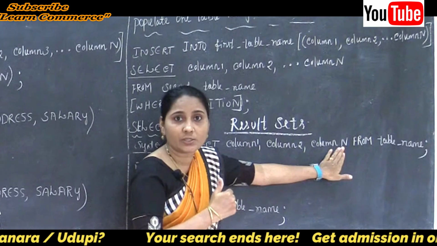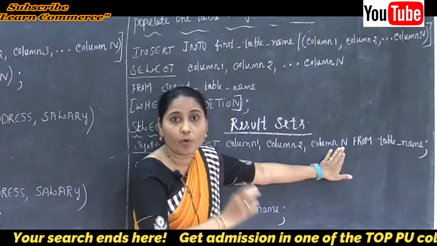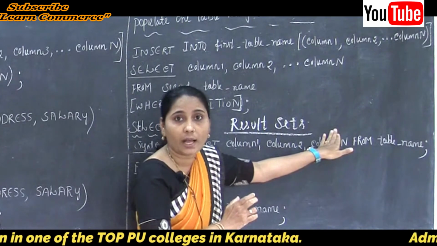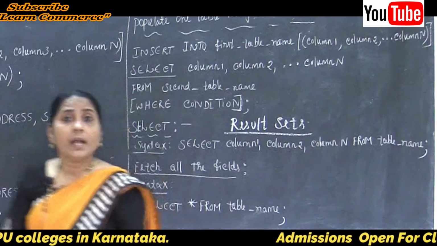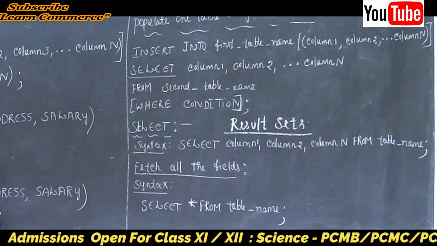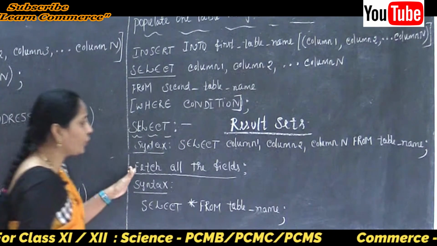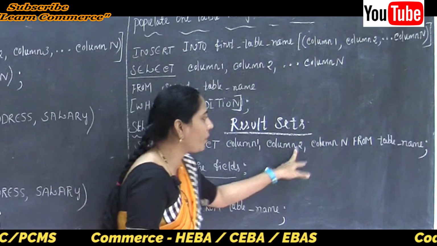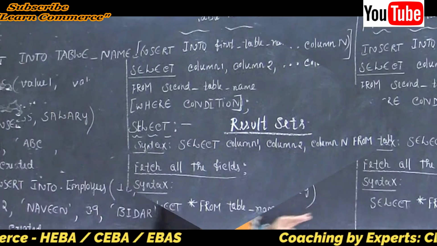That means only some columns are displayed in our result set, which is called the result table here. So if you want to access only some columns, you use this syntax: select column 1, column 2, column n from table_name.